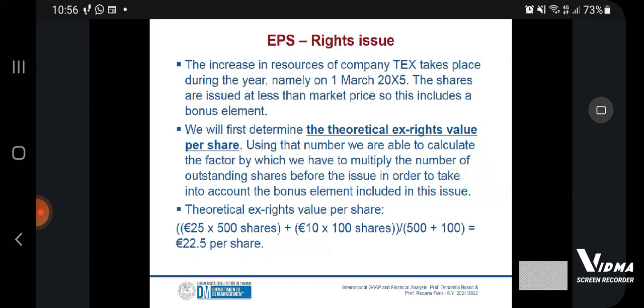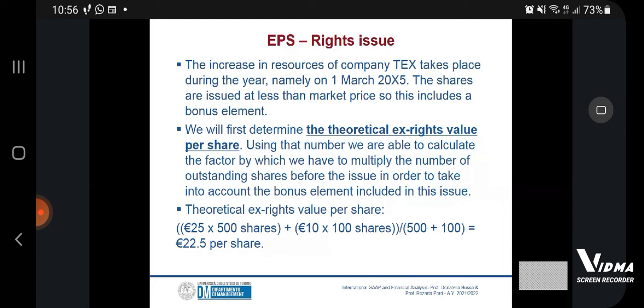And sometimes the market reacts really strangely by increasing the price after you issue the rights. Sometimes these companies are considered successful with potential for the future, and investors are willing to pay to have these shares, and the market price will go up. So we don't know the market price after issuing the rights. This is not the market price.